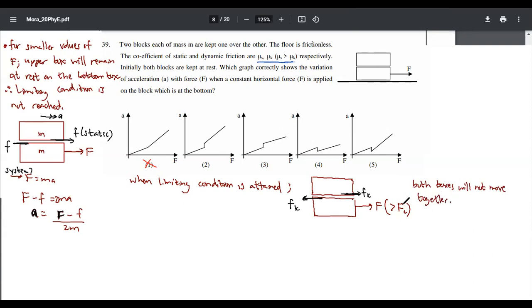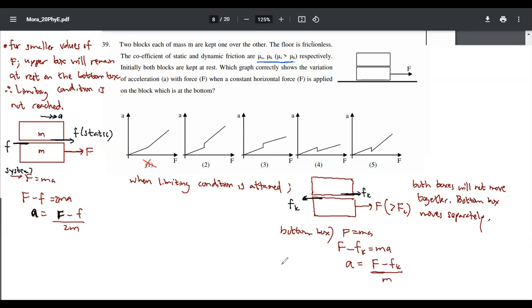The bottom box moves separately. Now for the bottom box, if you apply the equation separately, F equals ma: F, the force we are applying, minus Fk equal to ma. So now A is equal to capital F minus Fk over simple m.